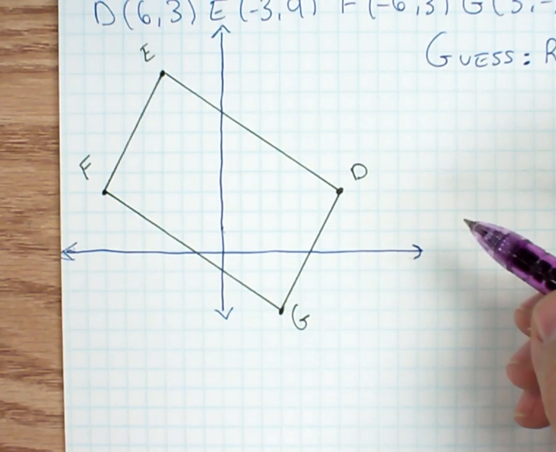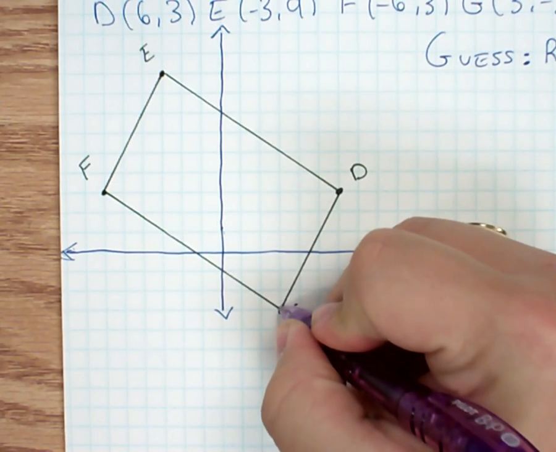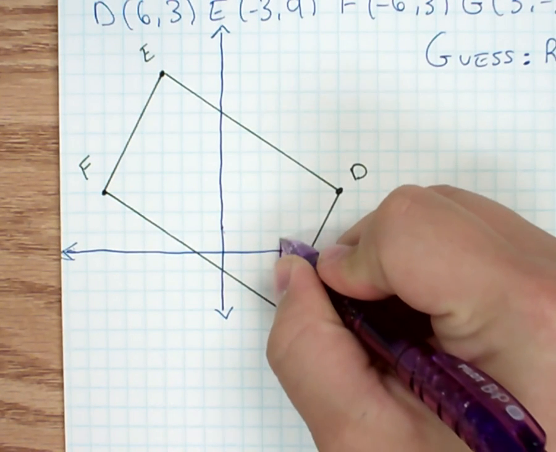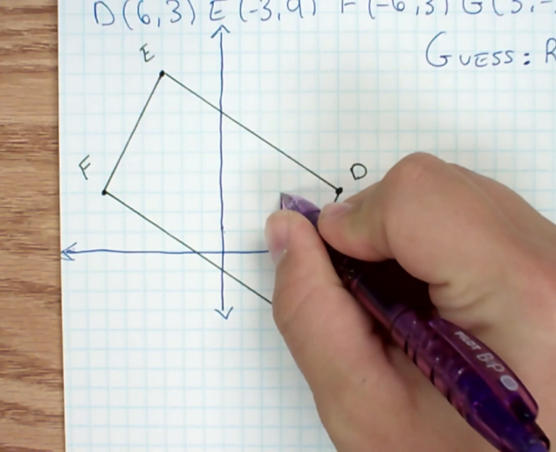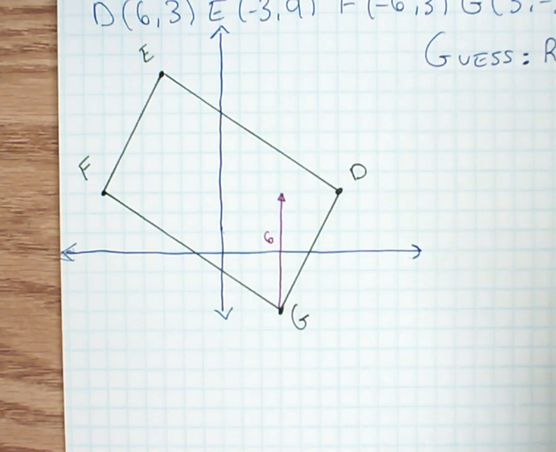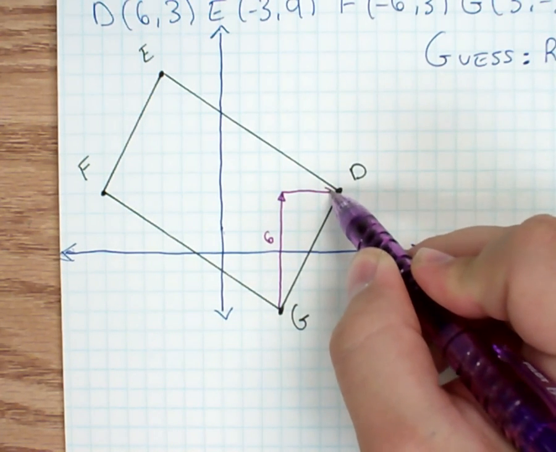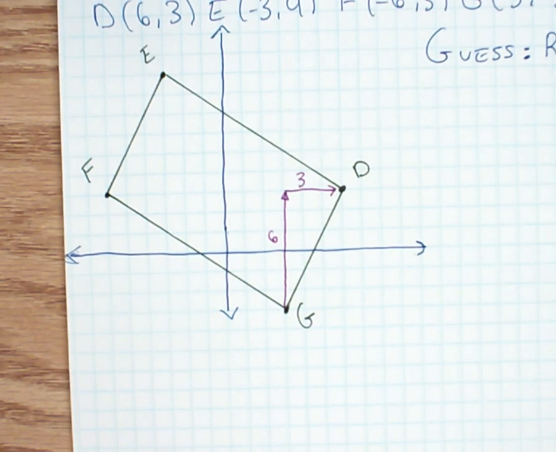So let's see, when I look at DG, I have to go up 2, 4, 6, right? So I go up 6 and over to the right 3, right?